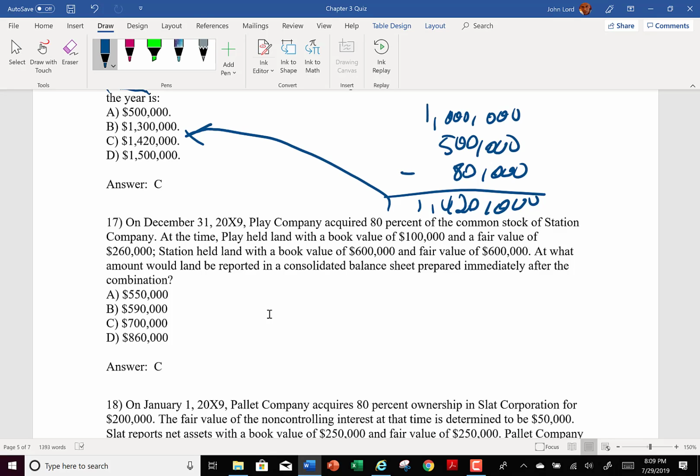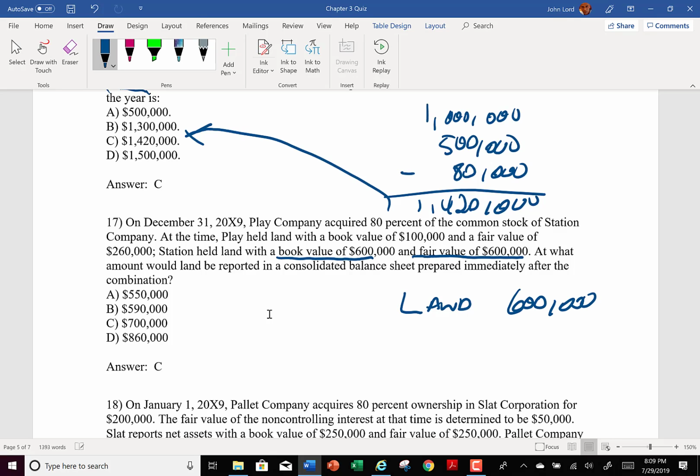What amount should we report as land? Now look, when we're picking up the amounts for the subsidiaries, yes, we should pick up the fair value, but it so happens, since we're in a chapter in which book values and fair values are equal, then obviously I have to pick up for the sub's land $600,000. They only give me one number, right?